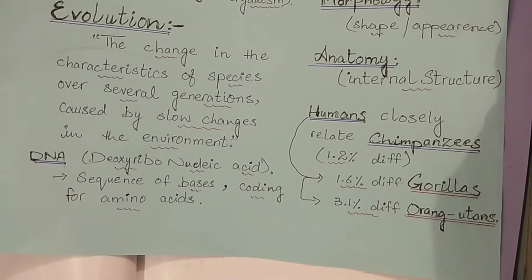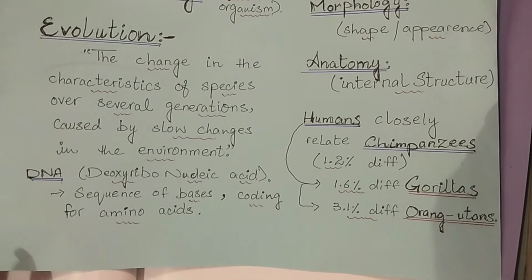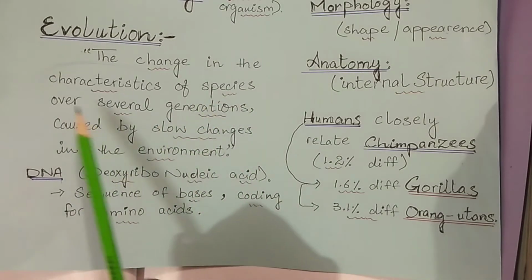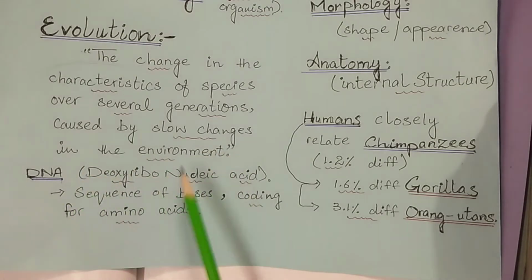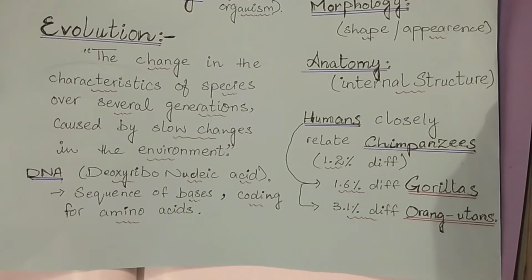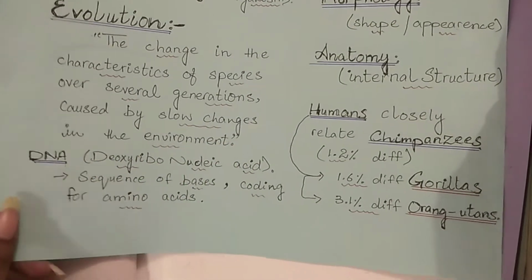So why do these changes happen? Because we all know that animals live in their relative environment and adapt to the features of their environment. So evolution is the change in the characteristics of species over several generations caused by slow changes in the environment. Done? I hope you understood.